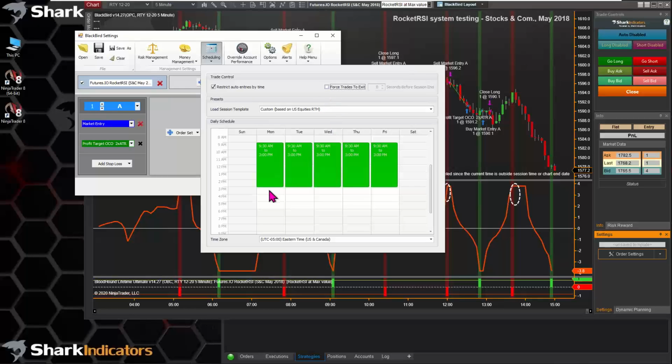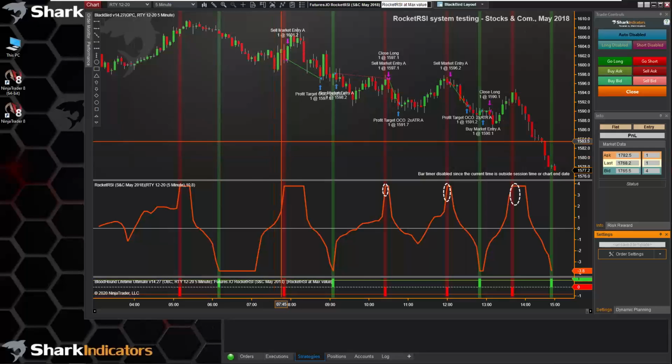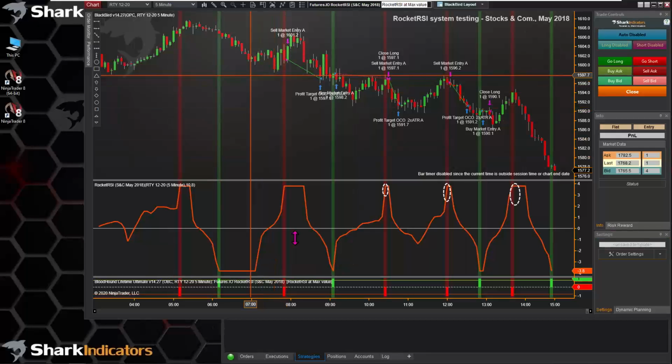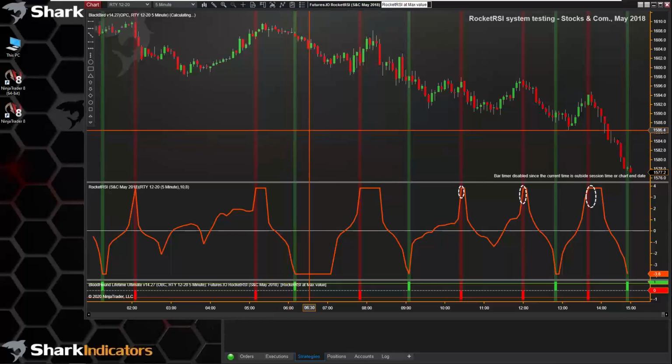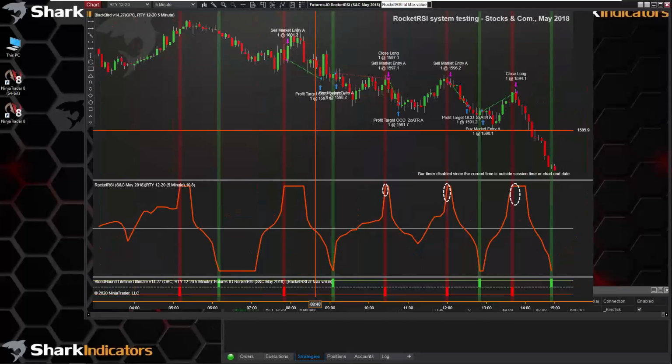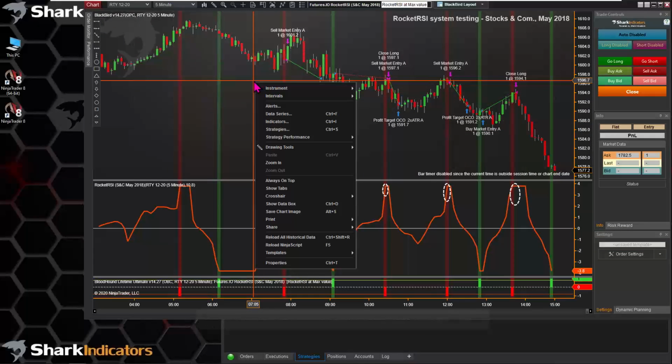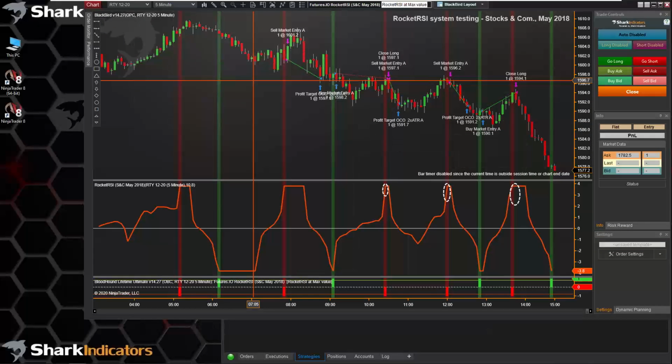Maybe we need to allow the trade to finish out that last hour, instead of taking new trades, just let the trade finish out and see if that makes any improvement. There are lots of ways you can slice and dice a trading system, custom tailor each system, and cycle through those iterations.